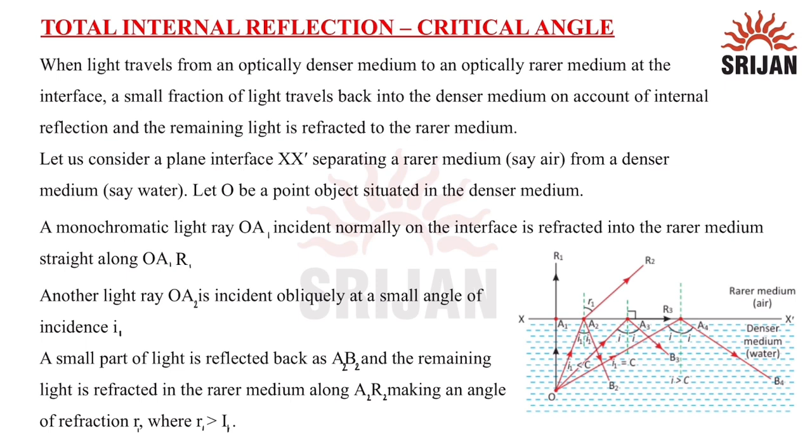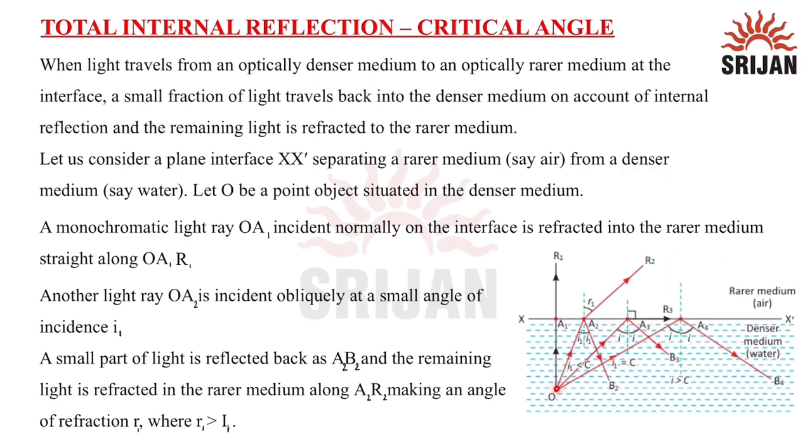As you can see in this particular case, when a light ray falls obliquely on a surface, some part of it is reflected back and most of the part is refracted. Now, let us consider a plane interface x dash separating a rarer medium, that is air, from a denser medium, that is water.